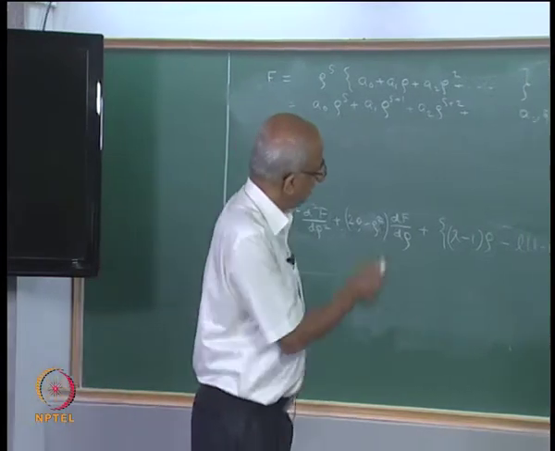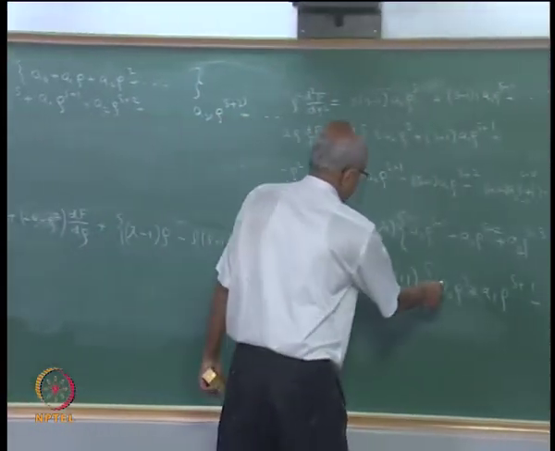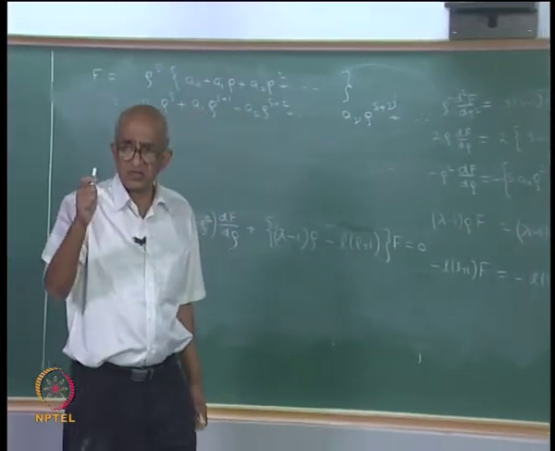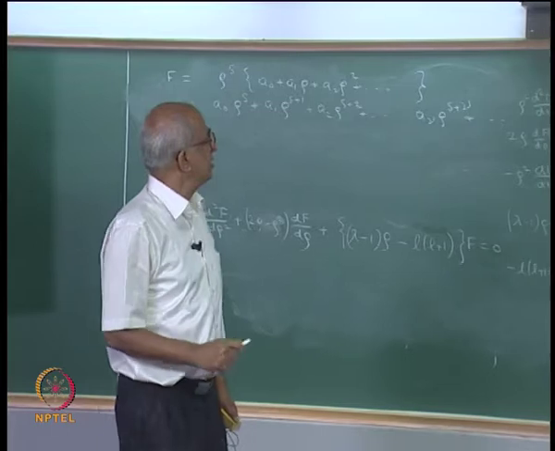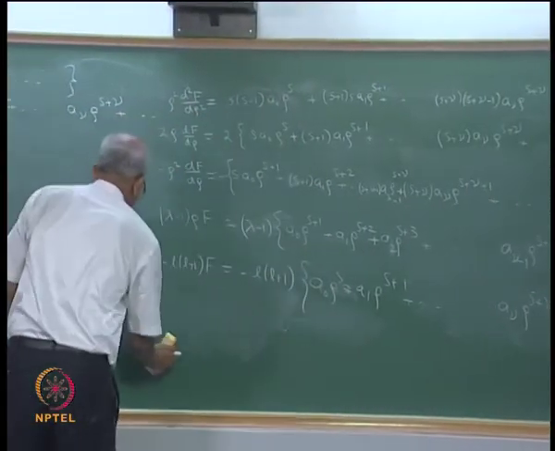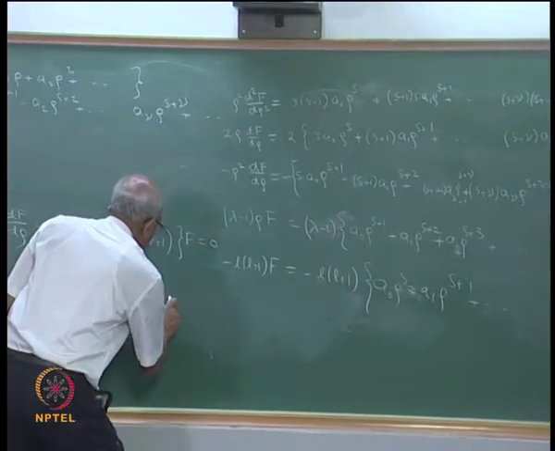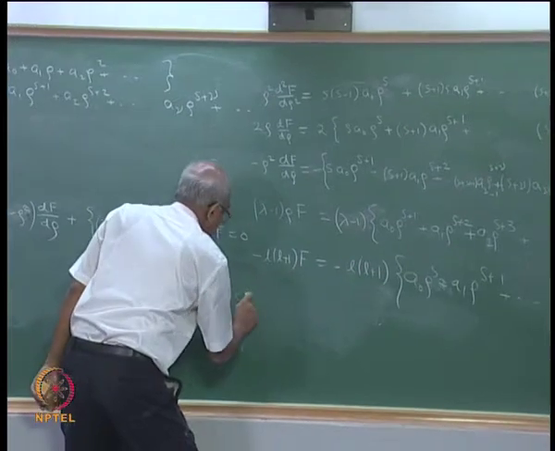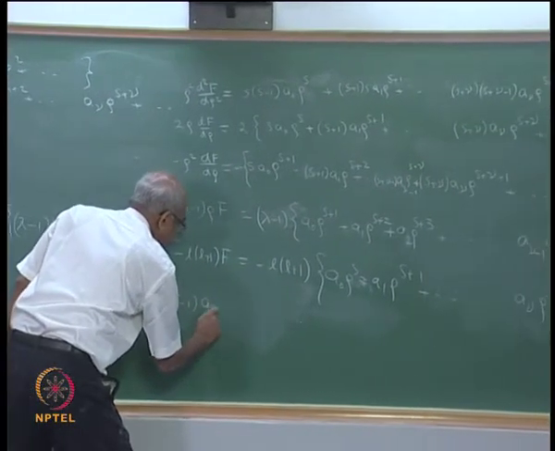So, let us actually look at the coefficient of rho to the power of s. What is the coefficient of rho to the power of s? Just to illustrate, take the coefficient of rho to the power of s, you will see that from here you will have rho to the power of s into s minus 1 into a0, right.